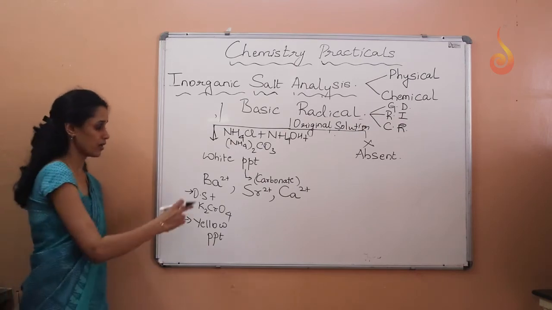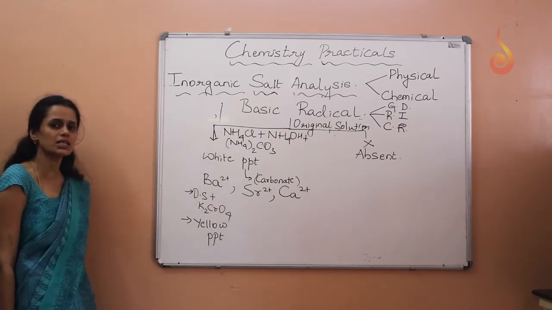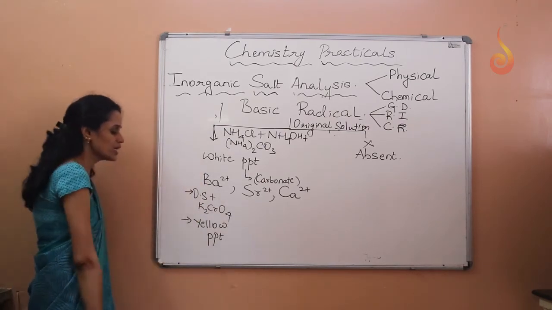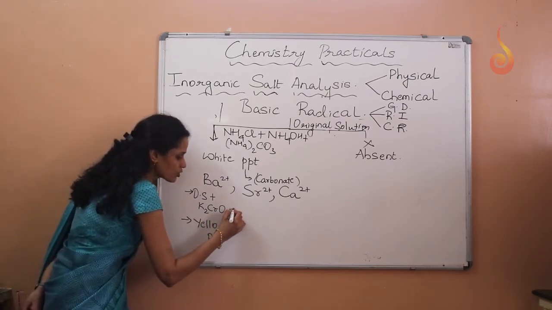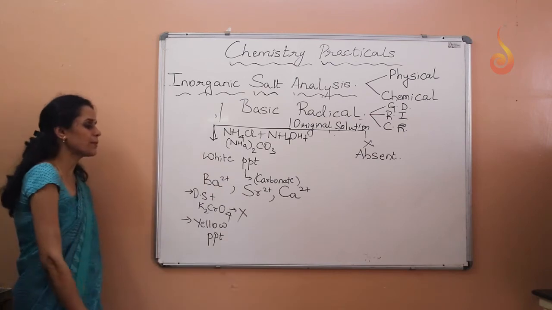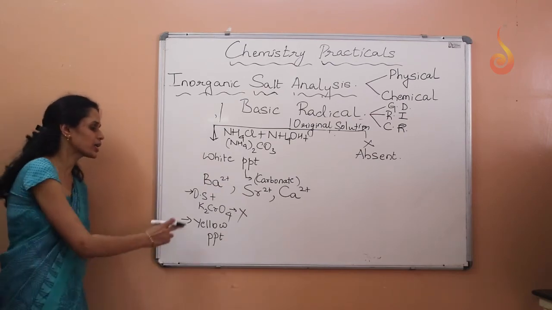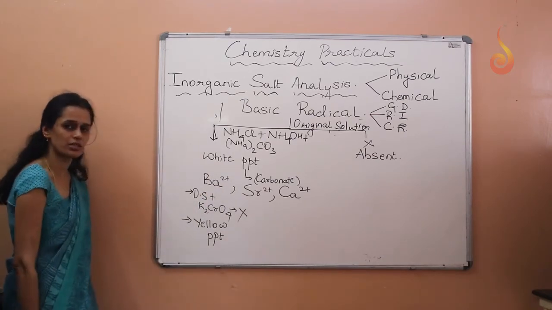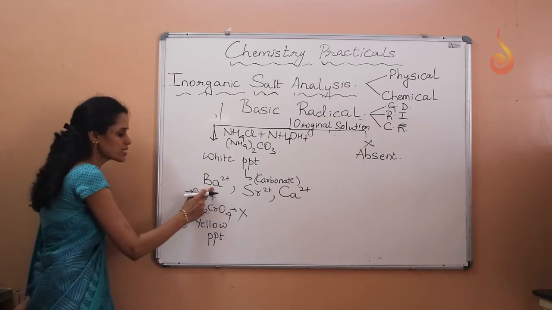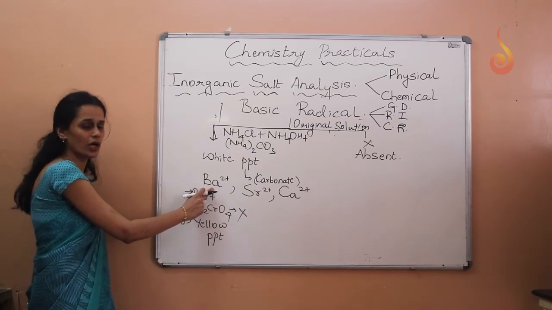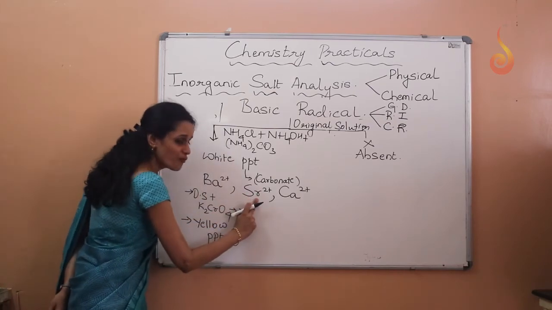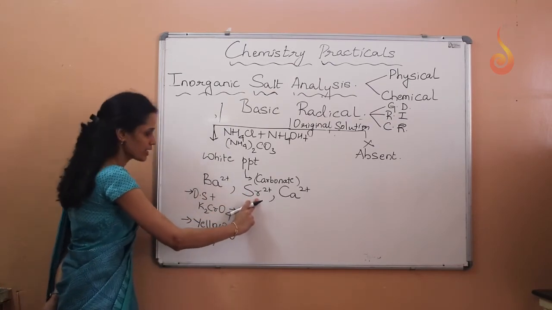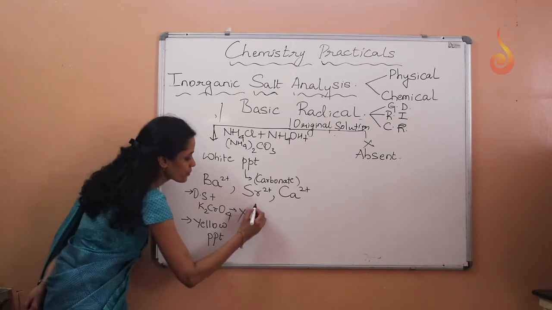If barium ion is present in the salt, then we get a yellow colored precipitate. But if we don't observe any precipitate after adding potassium chromate to the original solution, then it indicates barium ion is absent. That's why we'll check whether strontium ion is present or not.